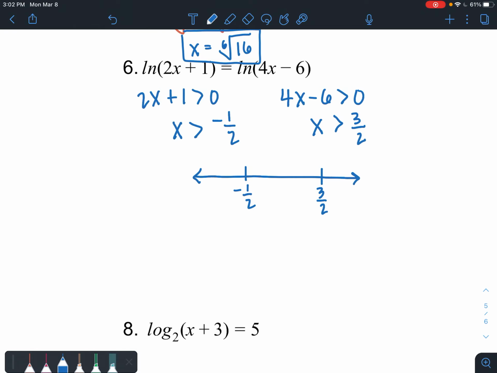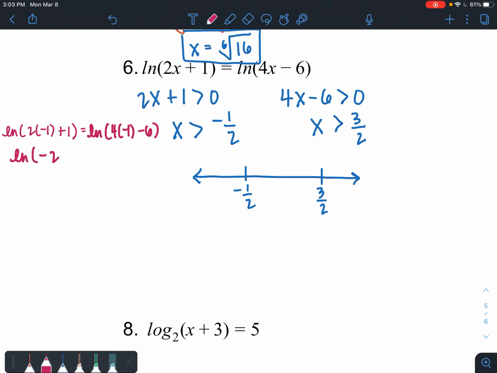So let's test negative 1. ln of negative 2 times negative 1 plus 1 equals, oh goodness, ln of 4 times negative 1 minus 6.